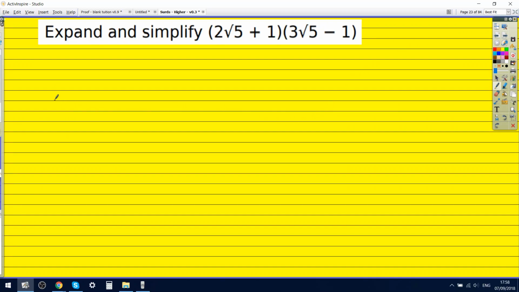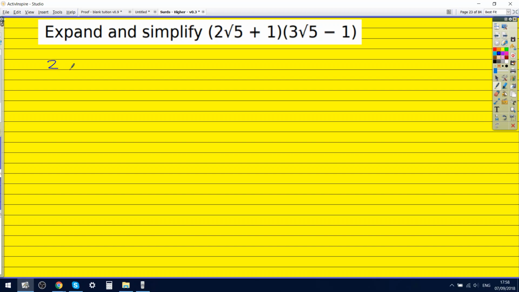Okay, even trickier one. Try it. 2 root 5.